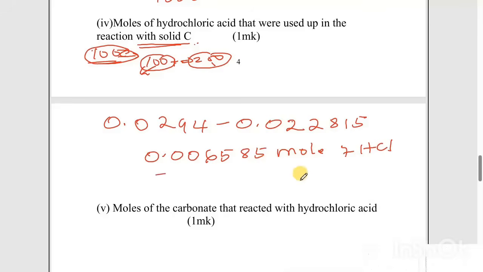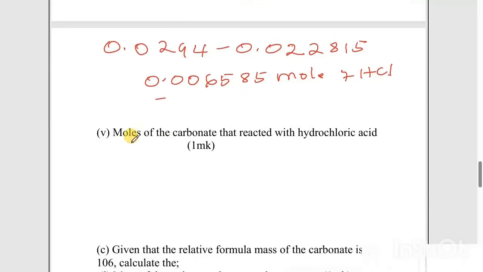Please understand that. Now, calculate the number of moles of the carbonate that reacted with hydrochloric acid. You need to understand that when a carbonate reacts with hydrochloric acid, there is a mole ratio. So let me write for you the ionic equation first.